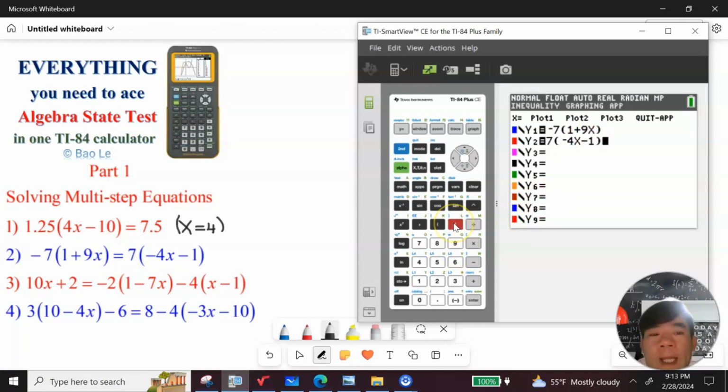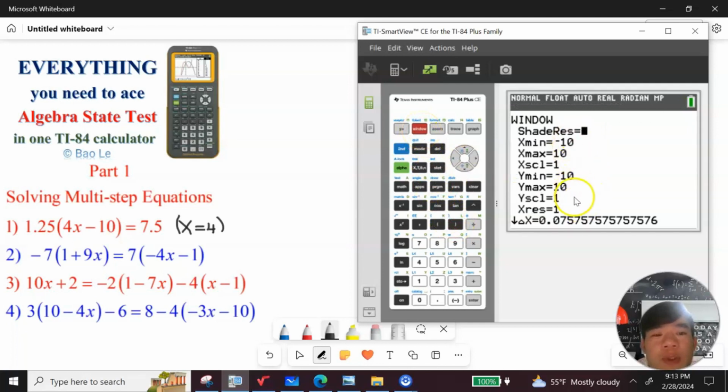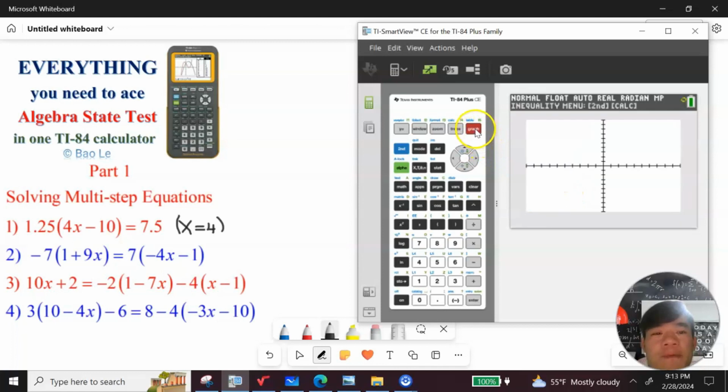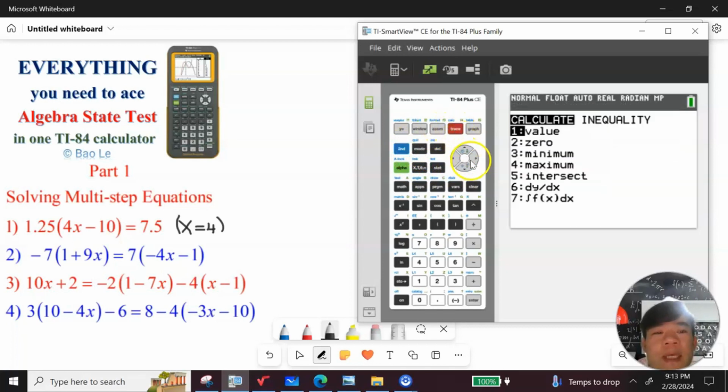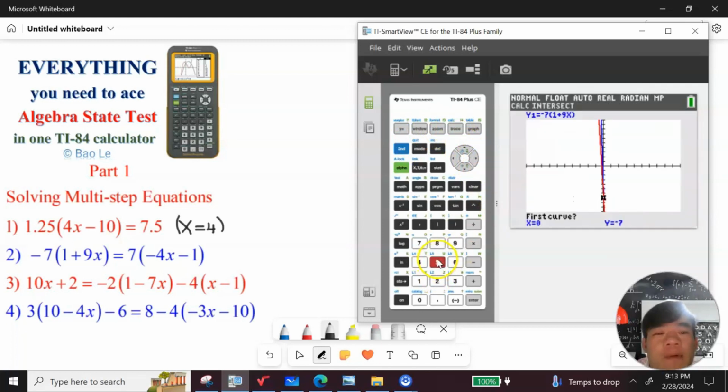All right, so I need to adjust the window. Oh, my window range should be good right here, so I don't need to adjust this, so I just hit graph. I see two graphs like this. Now what I need to do is hit second trace, then hit number 5 again for intersect.